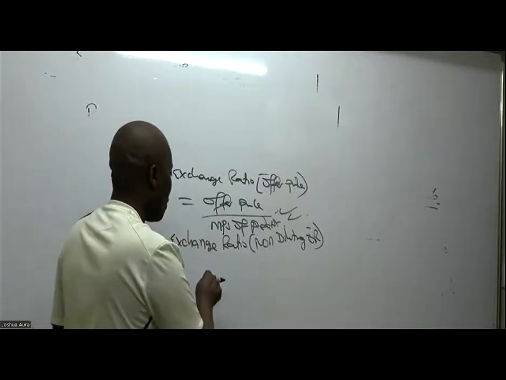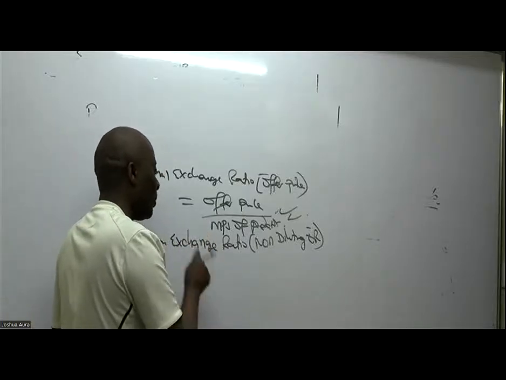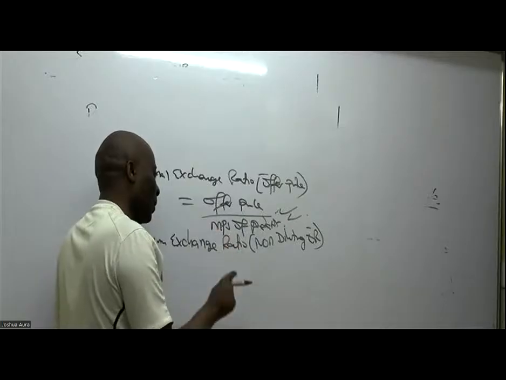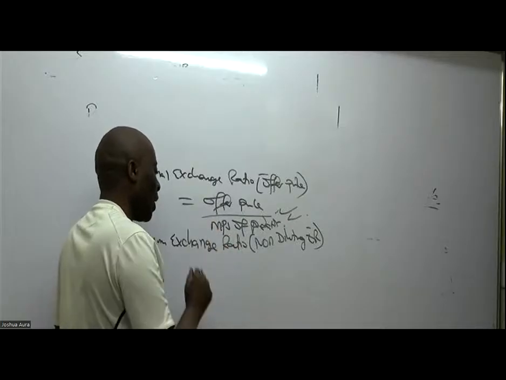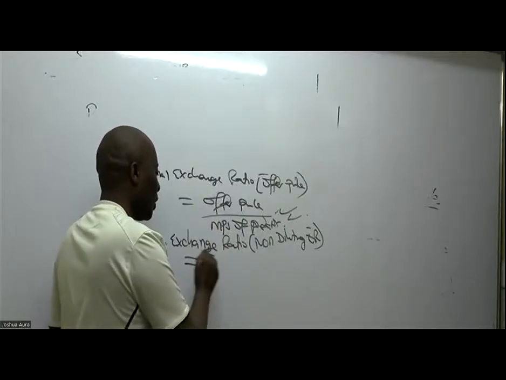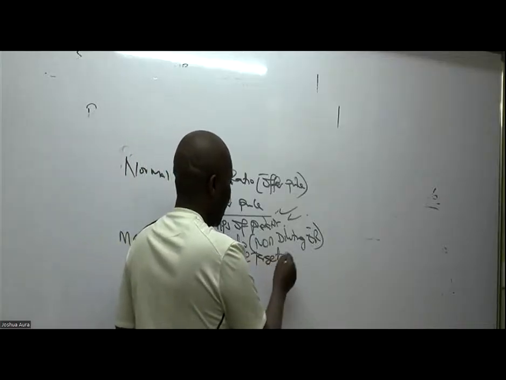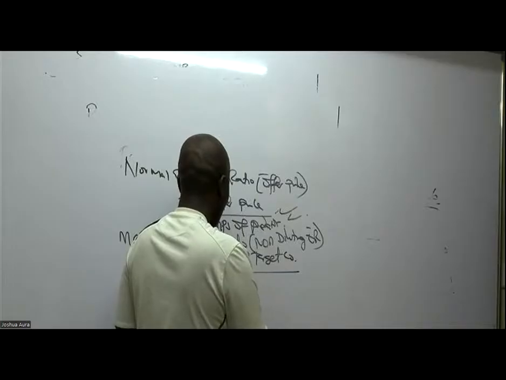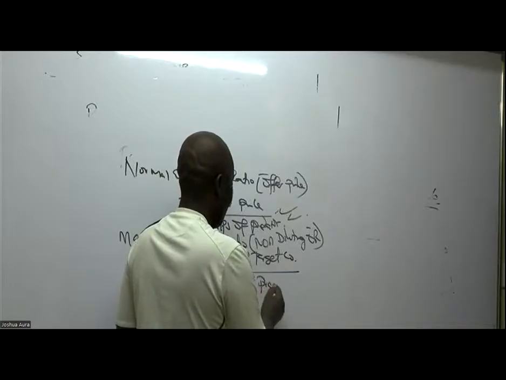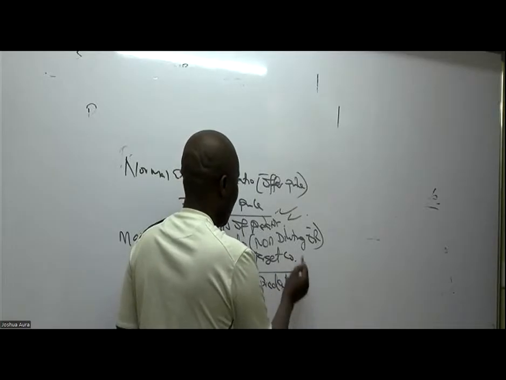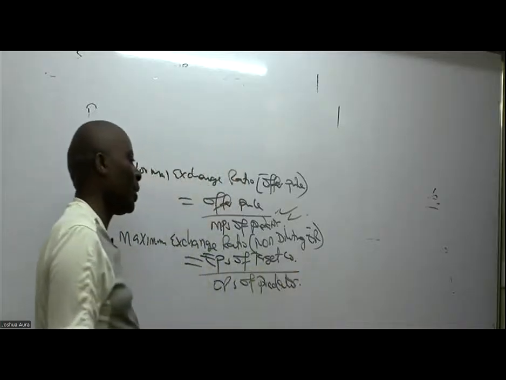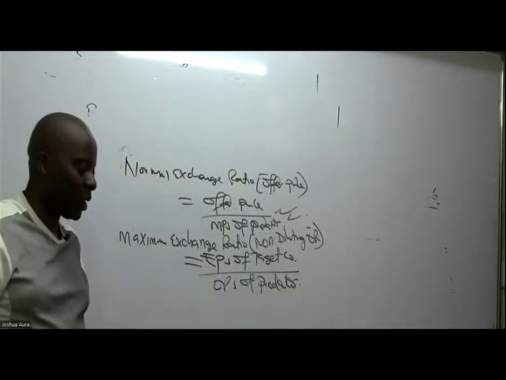So if I use this exchange ratio, which is maximum, then the EPS of the company will not be diluted. How do we calculate this? We take the EPS of the target company over the EPS of the predator. Very important concept for you to appreciate.